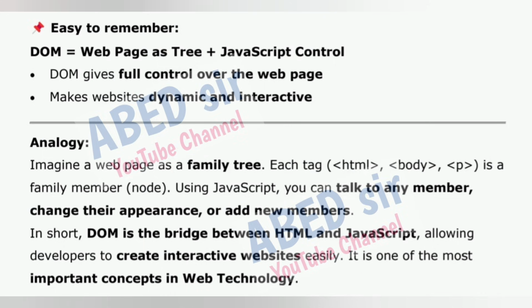Using JavaScript, you can talk to any member, change their appearance, or add new members. In short, DOM is the bridge between HTML and JavaScript, allowing developers to create interactive websites easily. It is one of the most important concepts in web technology.